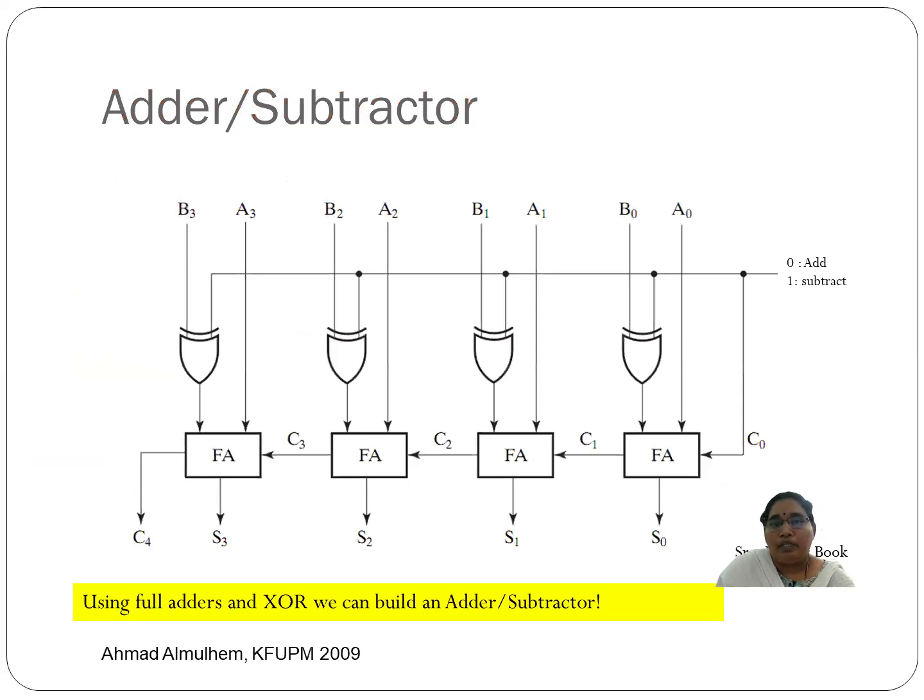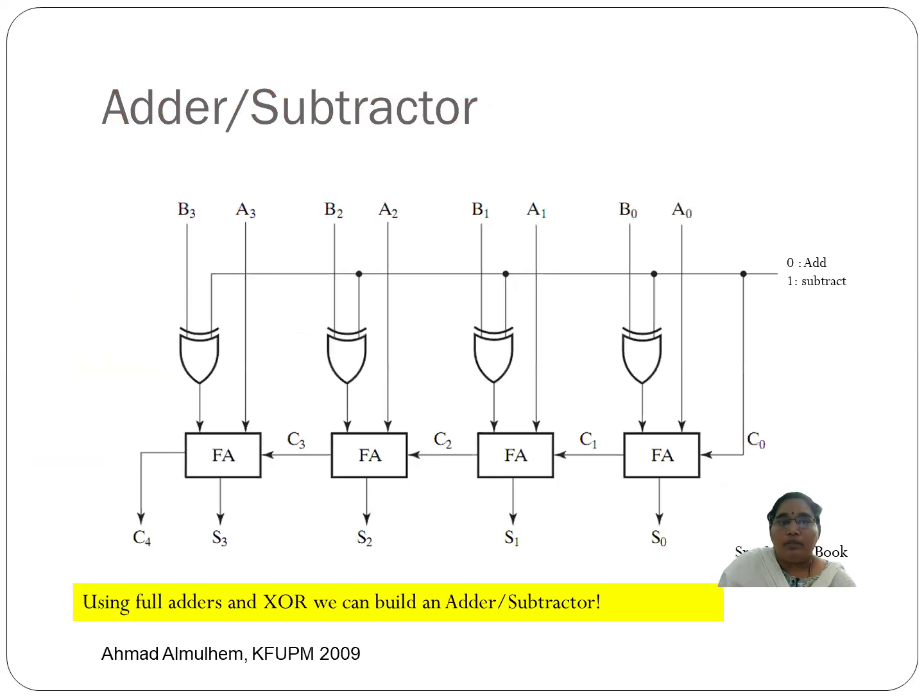The first inputs A0, A1, A2, A3 are directly given. The second inputs B0, B1, B2, B3 are applied to the XOR gates as one input, and the XOR gate outputs are connected to the full adders.